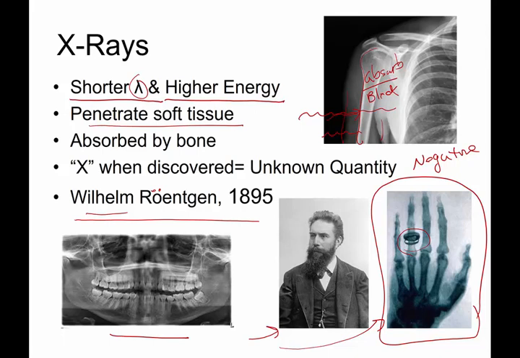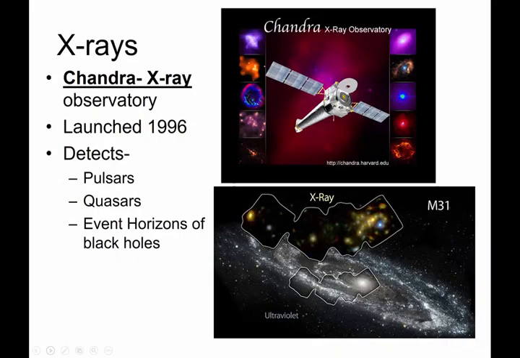So it's been a wonderful gift to medicine, but it's also very important in astronomy. The Chandra X-ray Observatory is one of NASA's Great Observatories project, specifically designed to look at X-rays. Now, where the heck are X-rays produced in space? Well, these X-rays are produced in high energy situations.